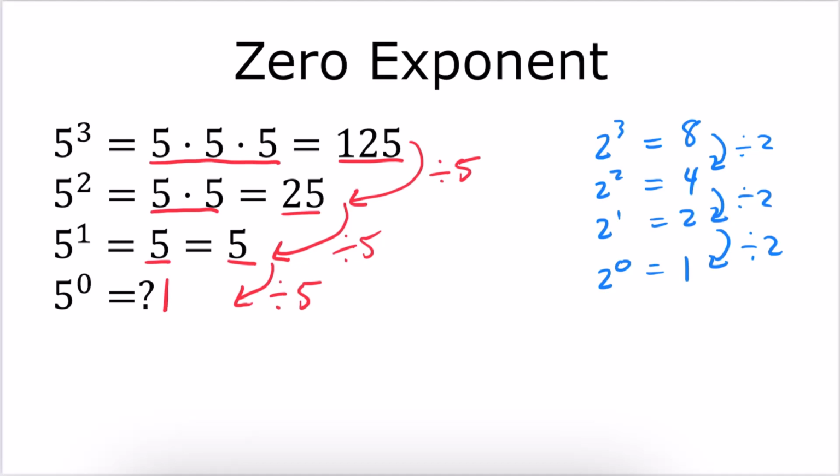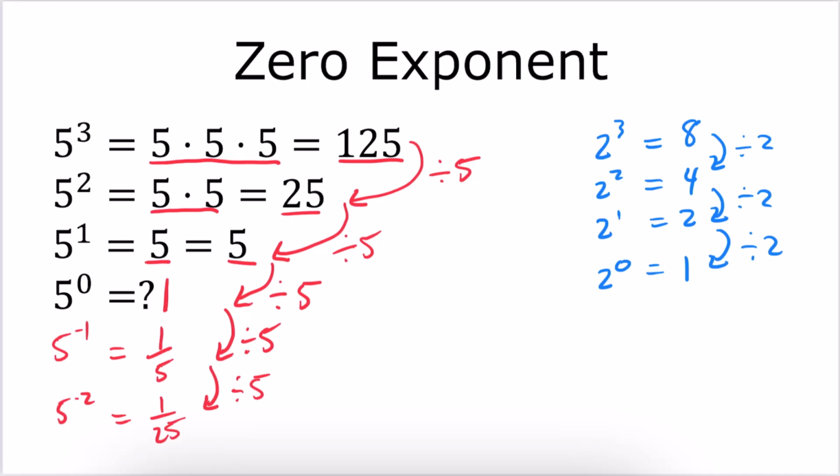And incidentally, this is also how negative exponents are defined, because if you do 1 and you divide by 5, that gives you 1/5. And if you do 1/5 divided by 5, you get 1/25. And this is equal to 5 to the negative 1 and 5 to the negative 2, because negative exponents create reciprocals.